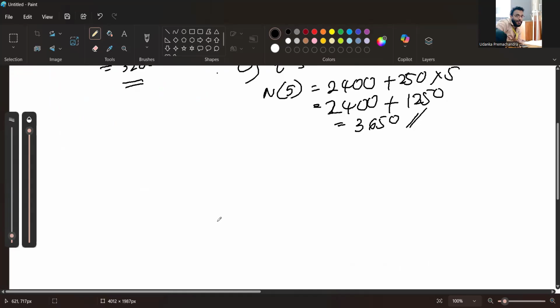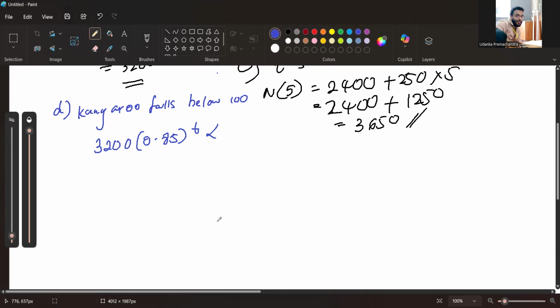They ask what is the time that kangaroos fall below 100. That means here 3,200 times 0.85 to the power T should be below 100.